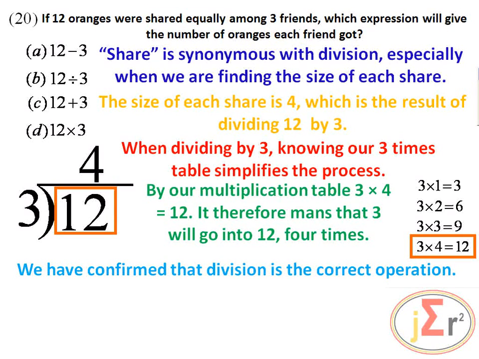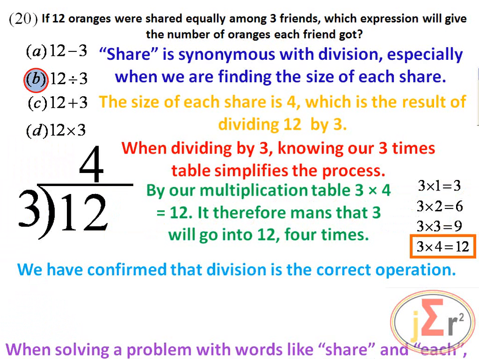How did we confirm it? We actually did the sharing of the physical oranges, and the result was that each friend got how many oranges? 4. Then we proceeded to divide 12 by 3, and what did we get? 4. So that proves that division is actually the correct one.